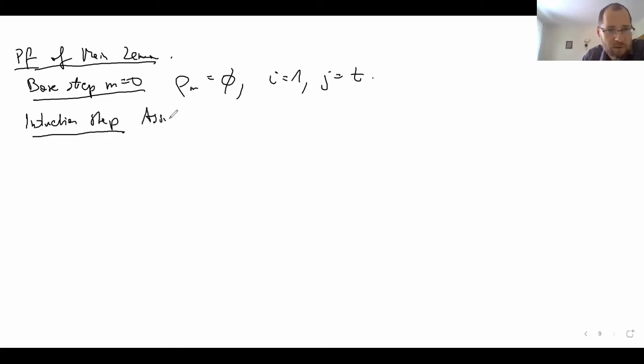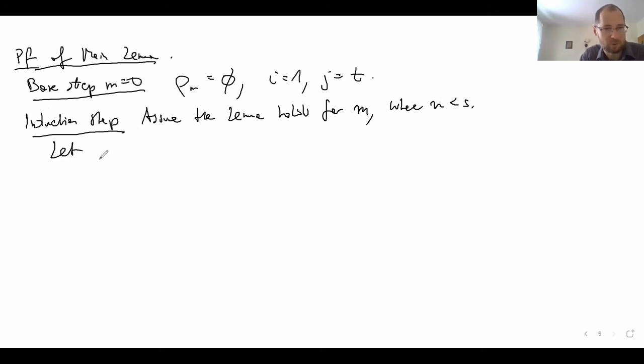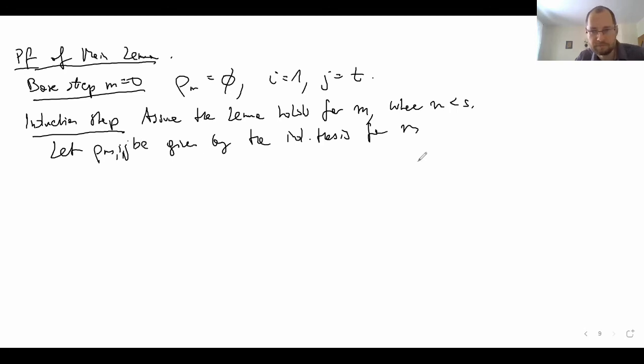So now the induction step. So assume the lemma holds for m, where m is smaller than s, so we haven't reached s yet. Let rho m be given by the statement for m, by the induction thesis for m. And let's say that I and j are also given. Okay, so we've got I here, we've got mi here, mj here, and now we don't really care about what happens above and below this.